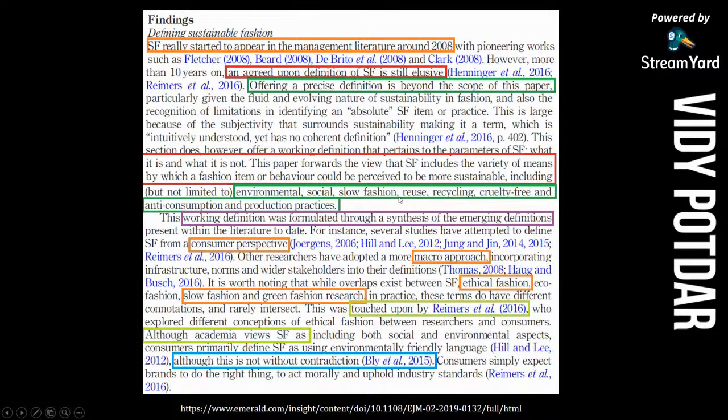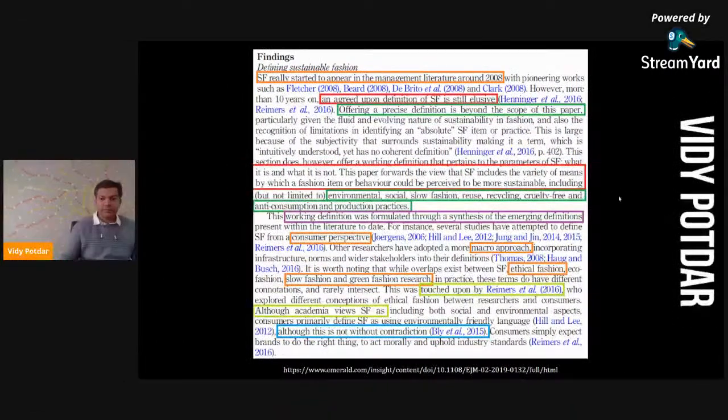So these are some of the concepts that are now coming up if you look into it. The working definition was formulated through a synthesis of emerging definitions. So this is their contribution. It is not a defined definition, agreed upon or accepted. It is a working definition, which means it can still evolve as it progresses.